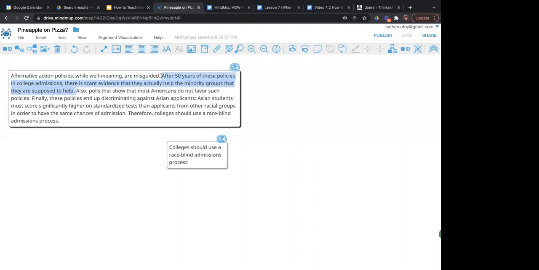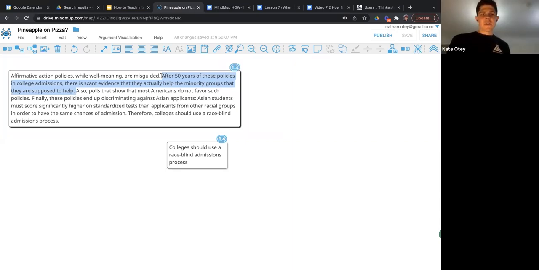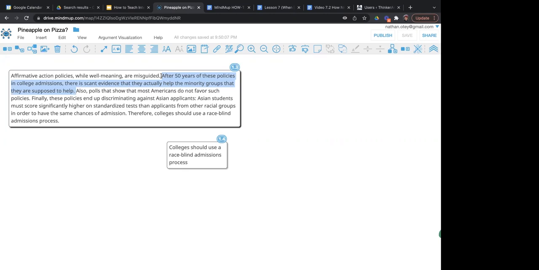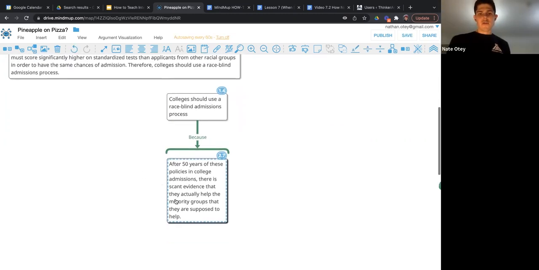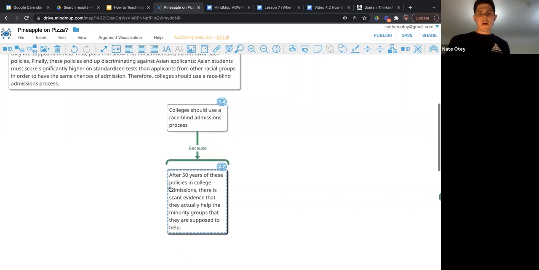It says after 50 years of these policies, there's scant evidence that they actually help the minority groups that they're supposed to help. Yes. Great. Okay. So that's one premise, according to this author, as to why colleges should use race-blind admissions processes.